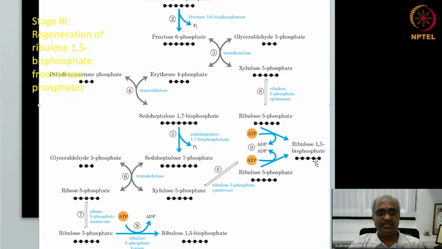And a very similar reaction, an epimerase and this kinase reaction, converts the xylulose formed here to this. These are identical molecules at the same steps. So now you almost see a cycle here. And this ribose phosphate, isomerization to ribulose, aldose becomes ketose, and the kinase makes ribulose bisphosphate.